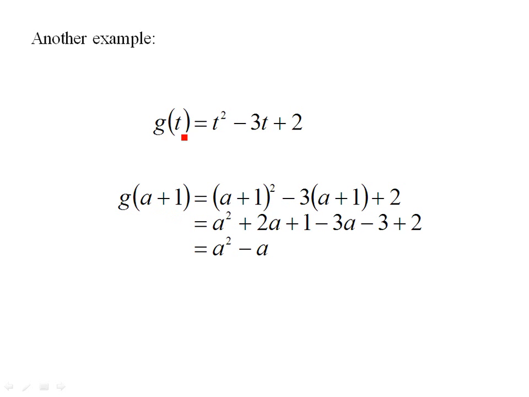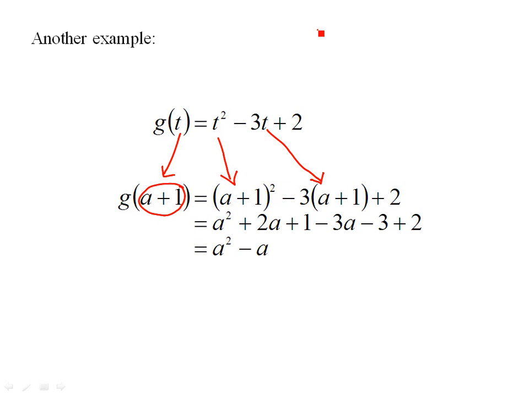So we're replacing the t now with all of this, a plus 1. So wherever you see a t, we're replacing the t's with a plus 1, and then we simplify. A plus 1 squared.